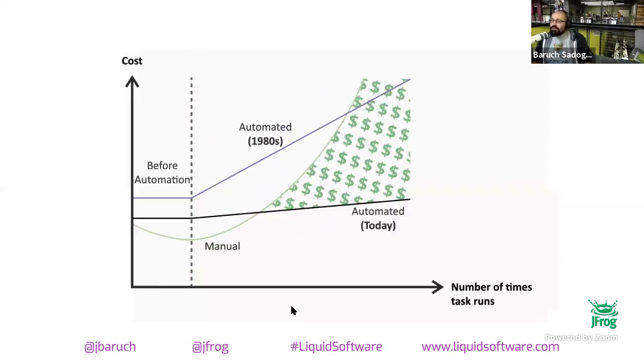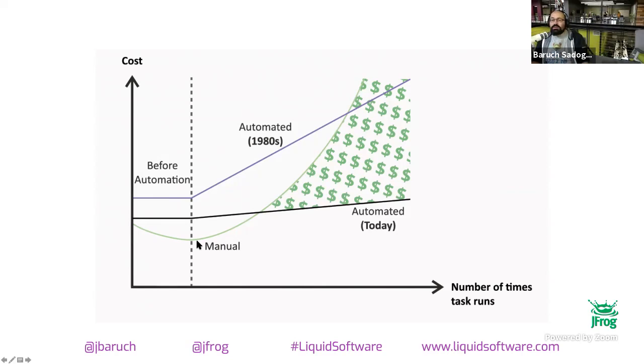It also makes a lot of sense economically. It's actually going to save you money. In this graph, you can see that way back, humans were much cheaper than machines, and the amount of labor that humans had to do was much lower.